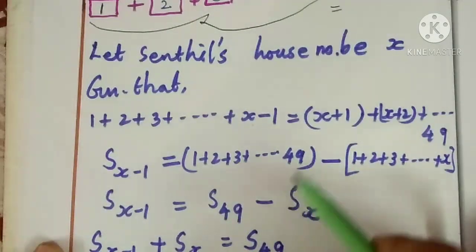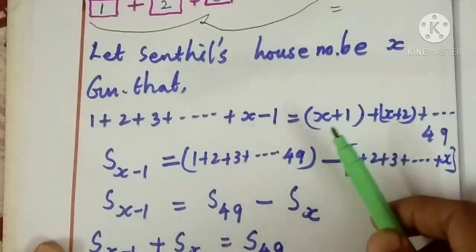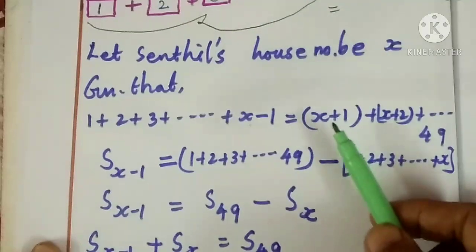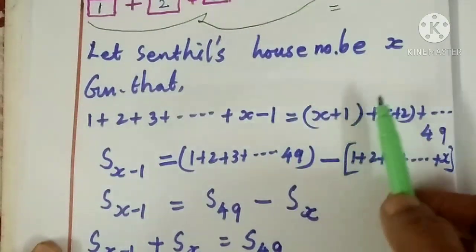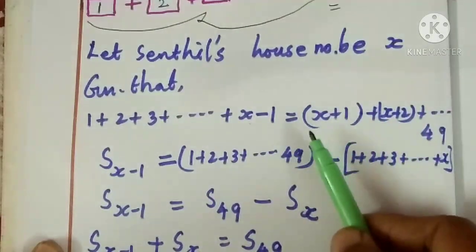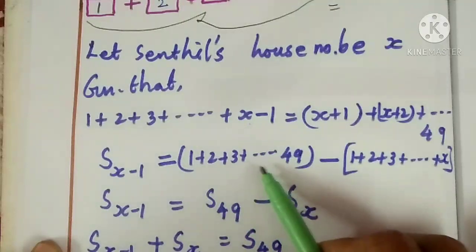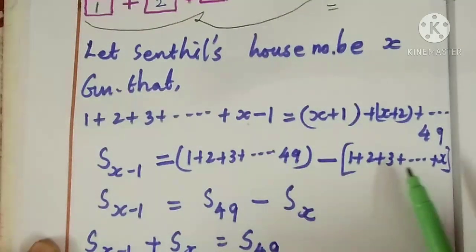In this, for finding the sum, we need to start from the first number, because here x is an unknown value. So you have to change the after series to 1 plus 2 plus 3 up to 49 minus 1 plus 2 plus 3 up to x.